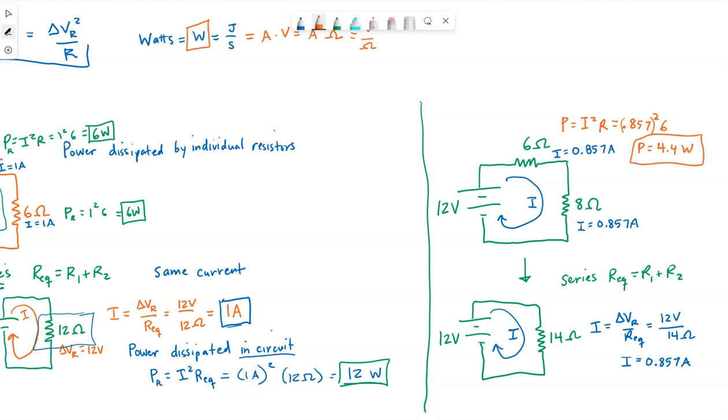That's less than it had over in this first example over here, but that's because we had more current. In this first example, we ended up with 1 amp of current, and that's because we had a smaller equivalent resistance. The power for this second resistor in our new example would be the same current squared times the 8 ohms.